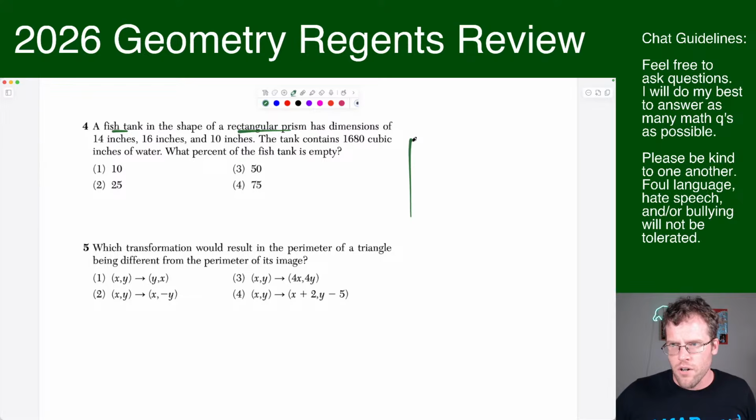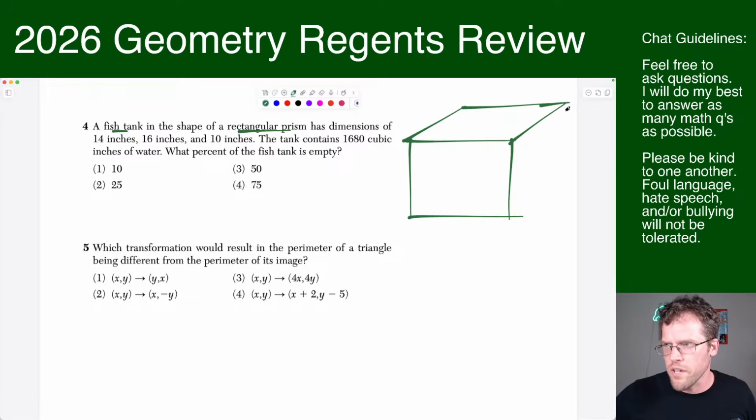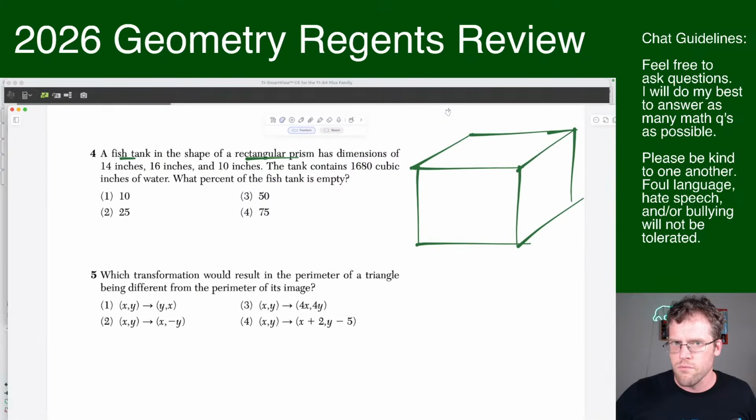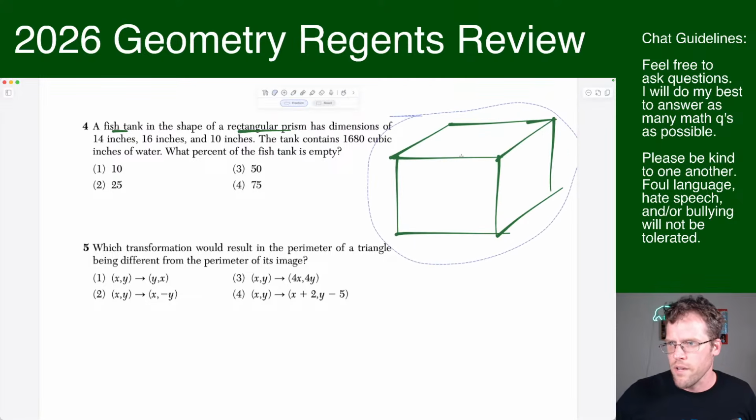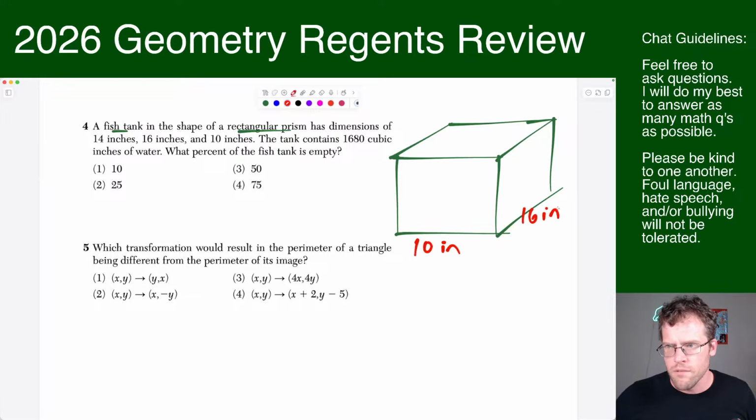So here's a fish tank. Okay, so fish tank over here. Not my best drawing here. Okay, so rectangular prism. Okay, so this is 10 inches by 16 inches by 14 inches.